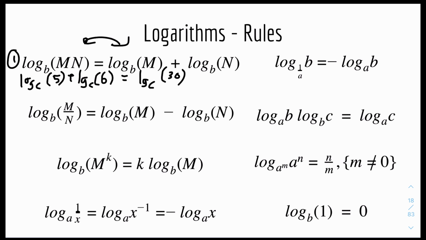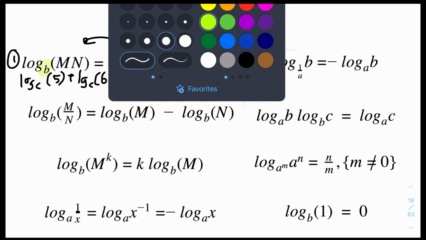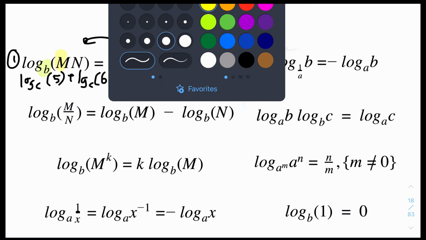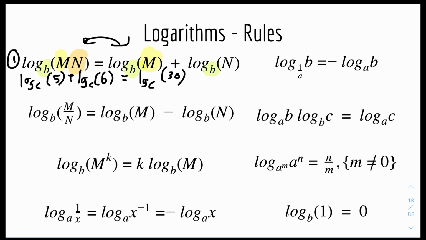So let's just highlight this. Remember that all of these bases are the same in order for this to work. And then we have this m, and then we have this n. So notice that it's a plus. And for number 2, it's kind of the same, but it's divide, m over n.